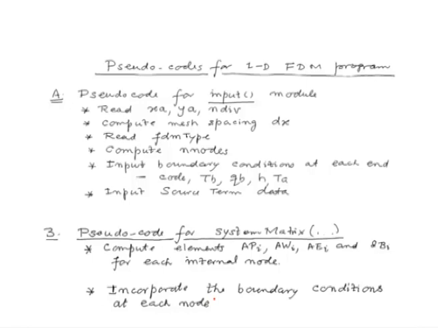Now, here this single statement has to be refined further, because we may have different set of boundary conditions and a different modification would occur in each case. So, the details has to be further expanded.